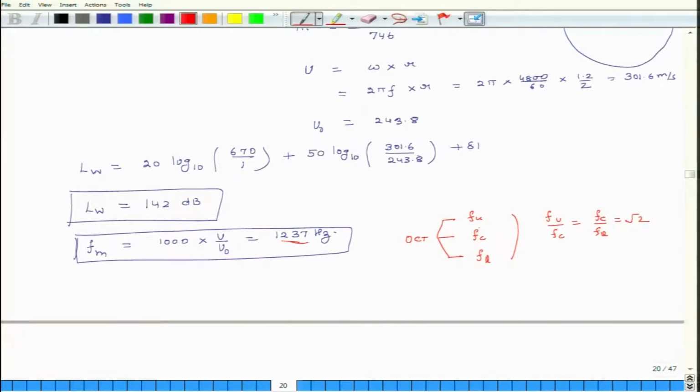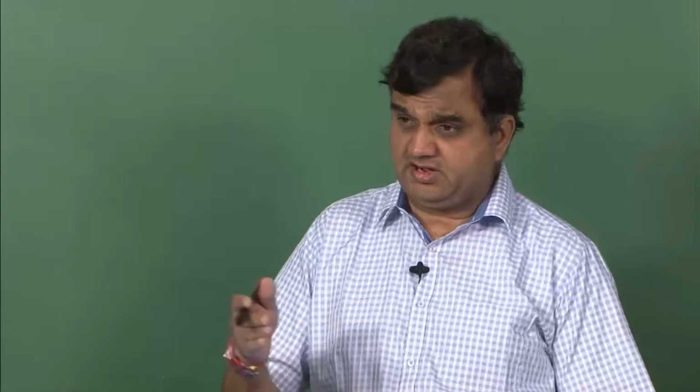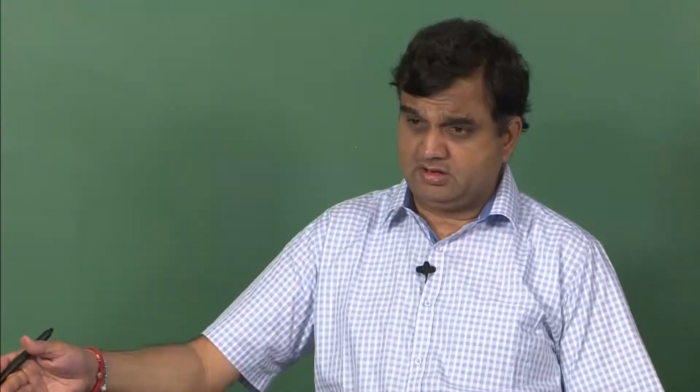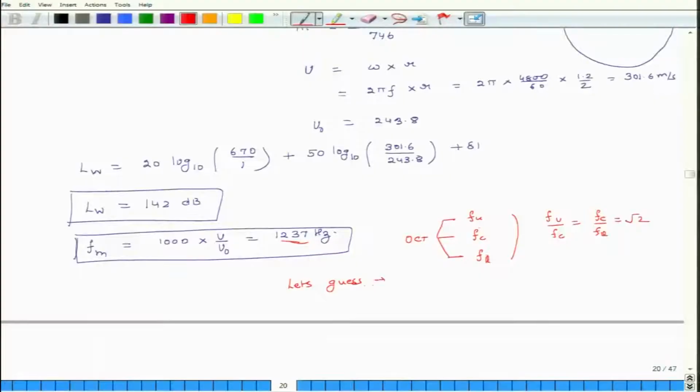So, how do we figure out in which octave band this 1237 hertz lies? We have to just try it. Let us guess, because it is close to 1000. What are the industry standard octave bands? 500, 1000, 2000. So, it is nearest to 1000. For the 1000 hertz band, this is the Fc.